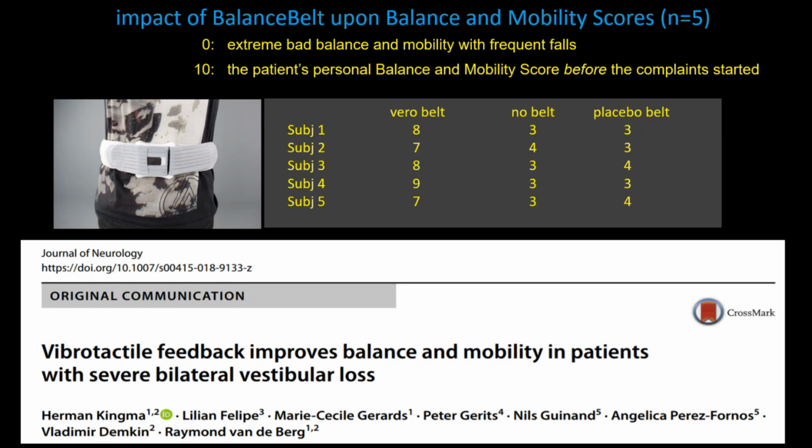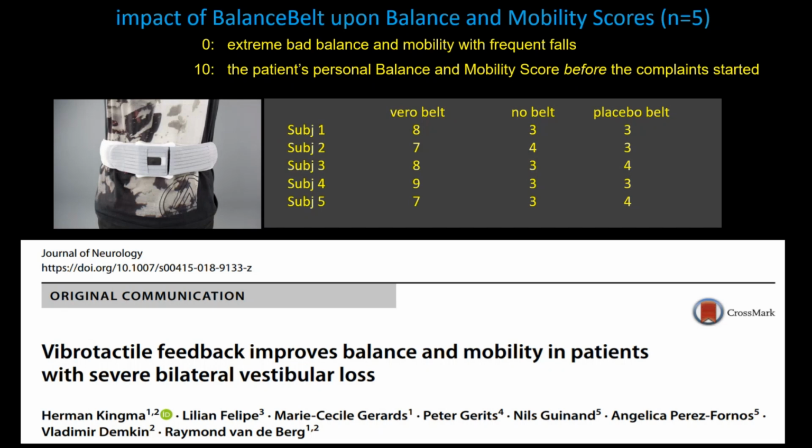There are patients with bilateral vestibular loss that have a higher score. And then there are two for the application of the belt. If it's 5 or lower, they have a chance to improve. The majority of these patients that we selected had a range of 3, 4, something like that.